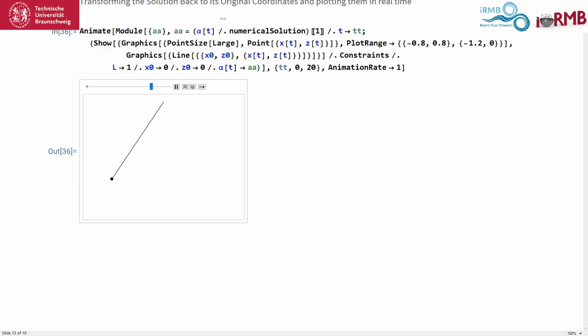So, okay, now, yes, you can animate this thing using Animate, again with Module, which gives local variables, and this is similar to Manipulate, yeah? Here again, you could have the idea that we run this further. Let me see what is happening. Now it will take the extrapolated solution.